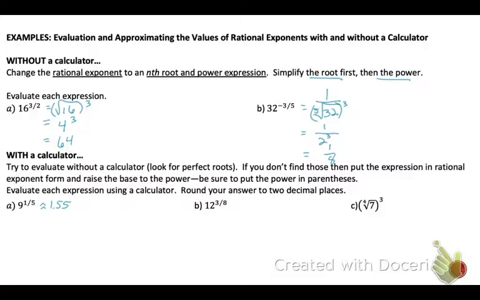That's the 8th root of 12, and then raised to the 3rd power. That's approximately 2.54. And then finally, we have the 4th root of 7 raised to the 3rd power, which you could put in your calculator as 7 raised to the 3/4 power, and you'll get approximately 4.30.